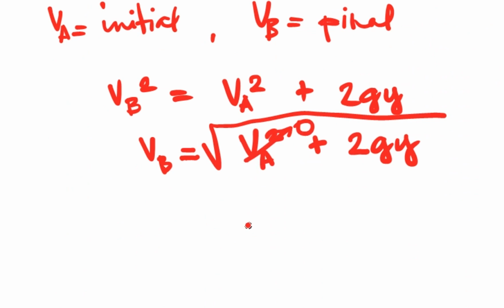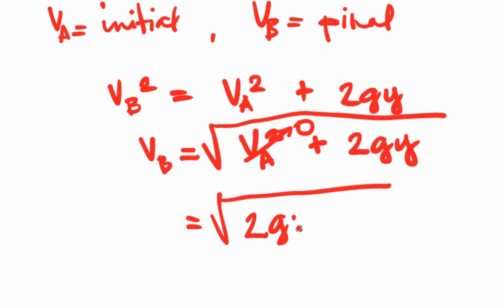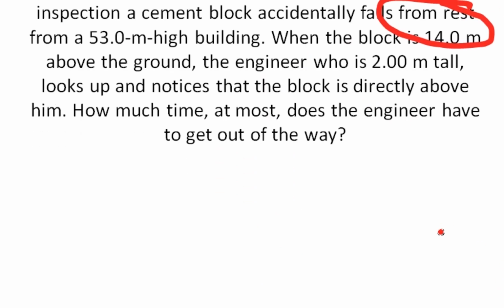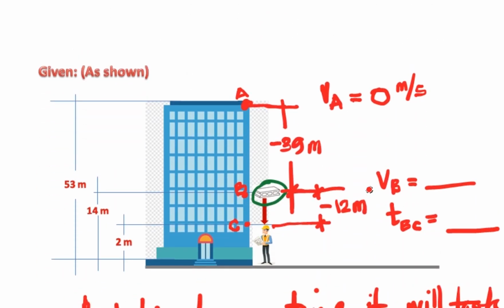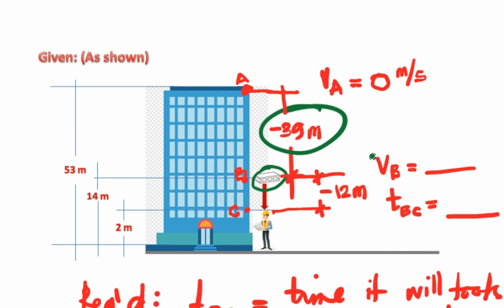What will remain is just the term 2GY, but this Y is the displacement from point A to point B. In our illustration, the displacement from point A to point B is negative 39 meters.